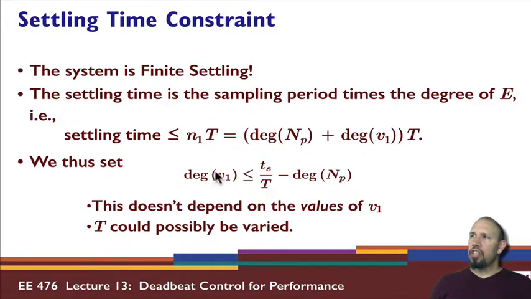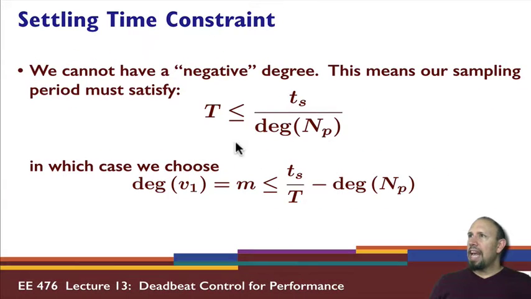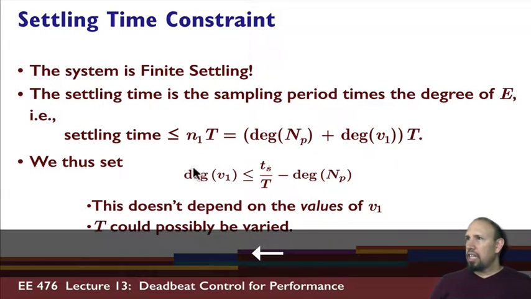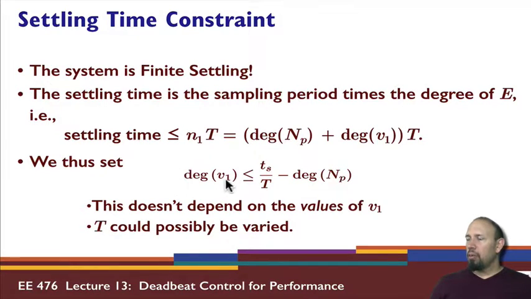Now, notice this condition also says something about the sampling period. The sampling period could also be varied. Okay, smaller sampling period, we're going to have a larger quantity here. So anyway, we have this kind of situation. Now, one of the things that this equation tells us is we can't have a negative degree of V1.